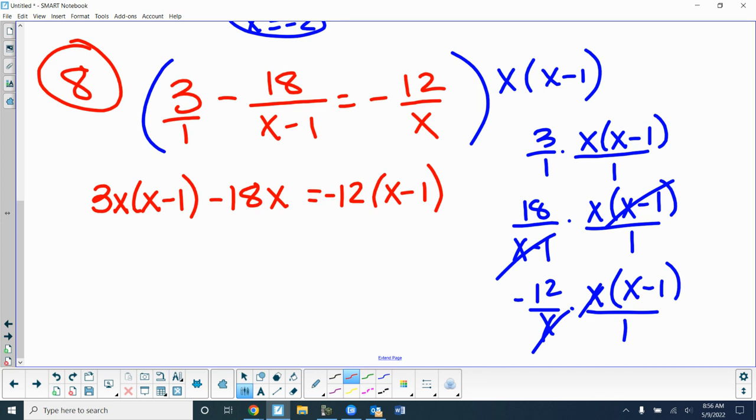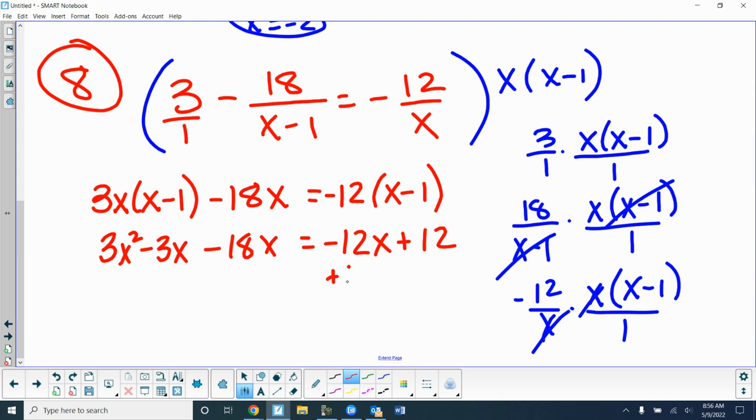Distribute the 3x, distribute the negative 12, and we got that, right? So again, we have that x squared in there, so we're going to set it equal to 0 because it's a quadratic.